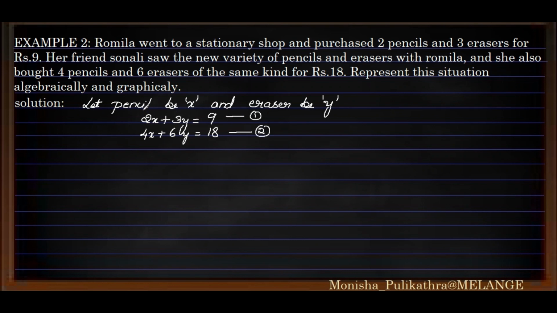The first equation is of the form a1x plus b1y plus c1 equal to 0, and the second is a2x plus b2y plus c2 equal to 0. So we have to shift this 18 to the left-hand side. Then we have to compare the ratios: a1 by a2 is equal to b1 by b2 is equal to c1 by c2.